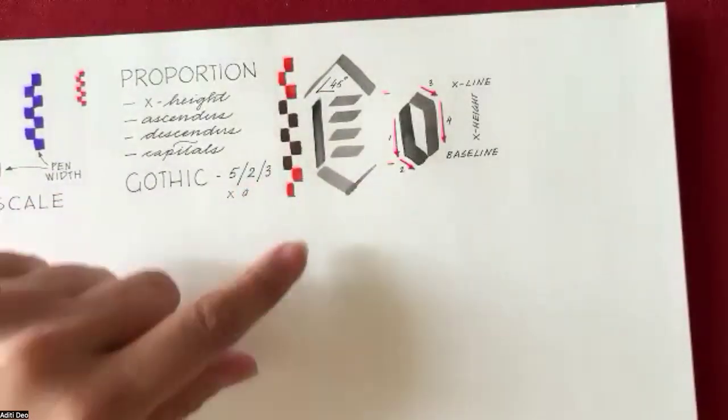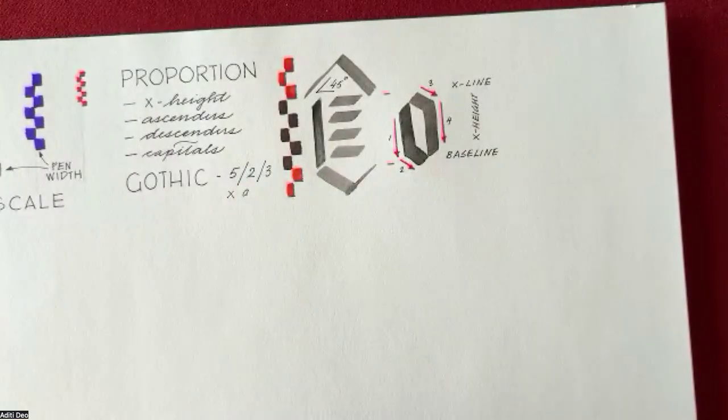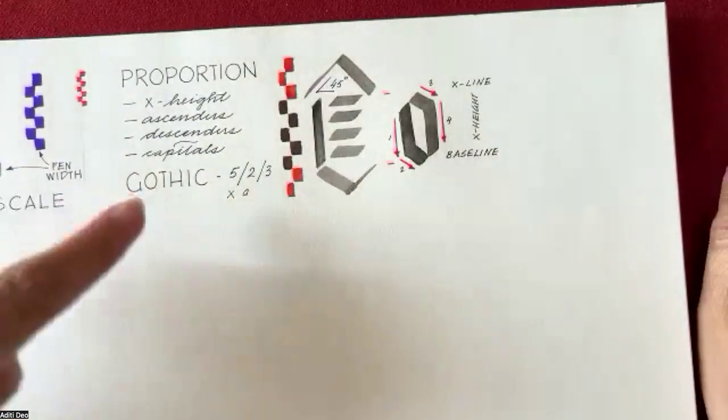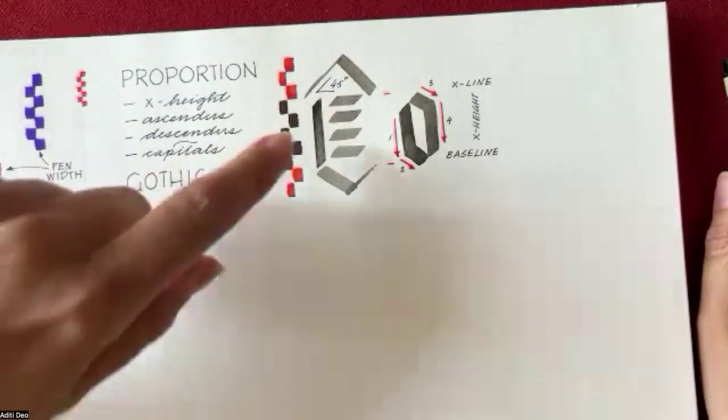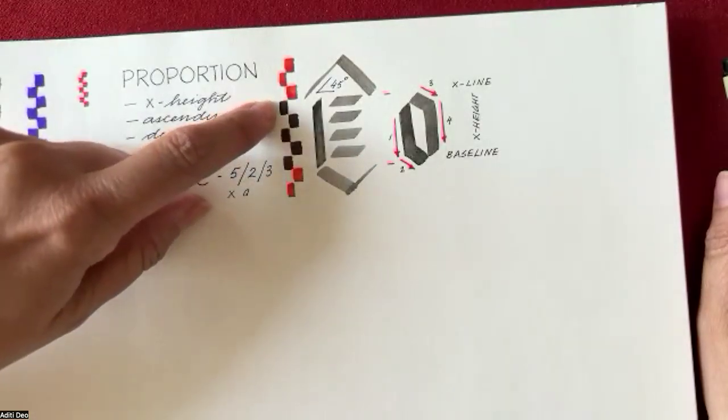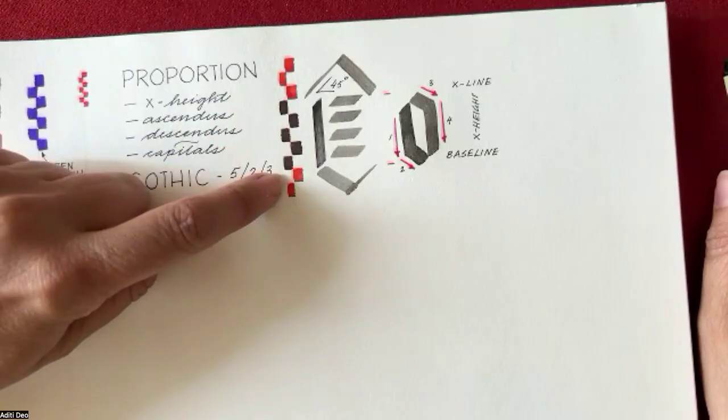So in this case, what I would say to you is we are making a Gothic hand which has an X height of 5 pen widths.